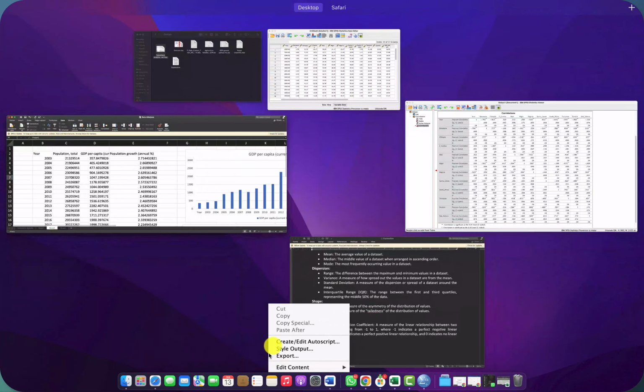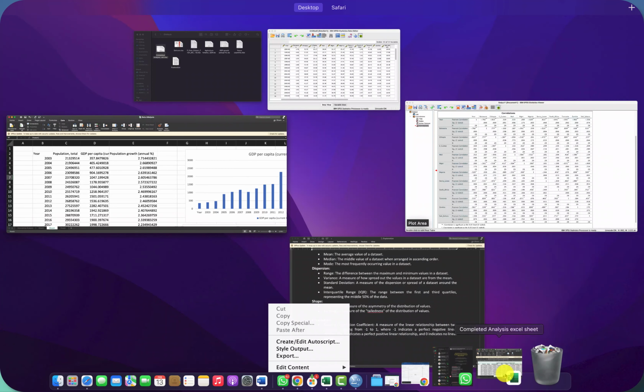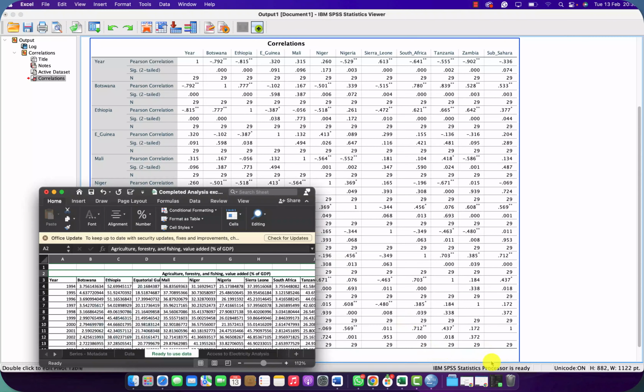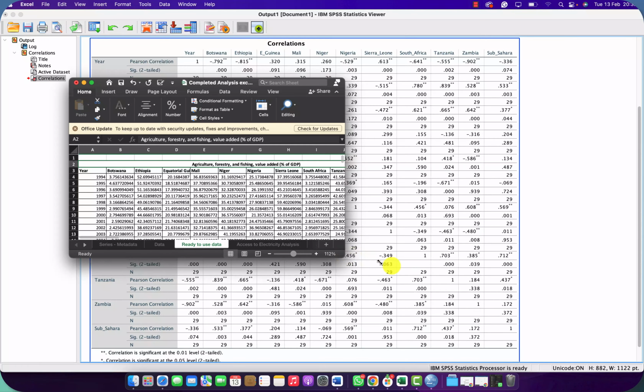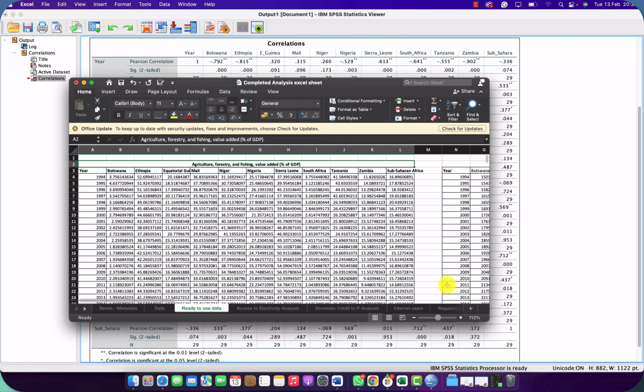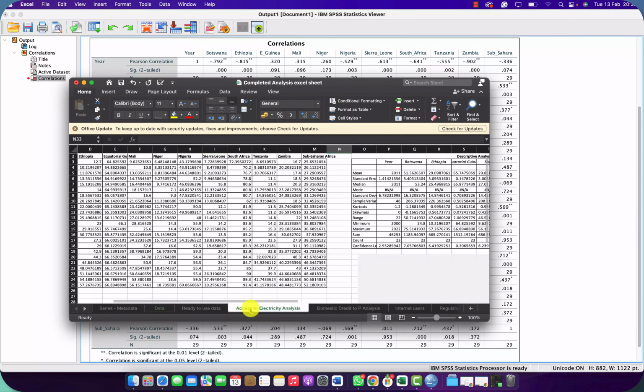Let me pick from this data set that I have here. Let's look into the data set and pick something that we can use.